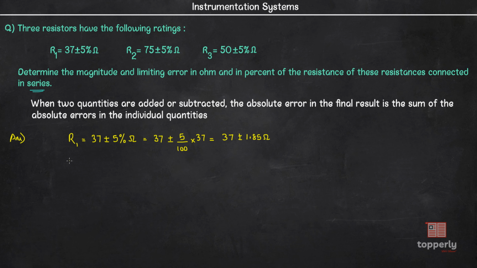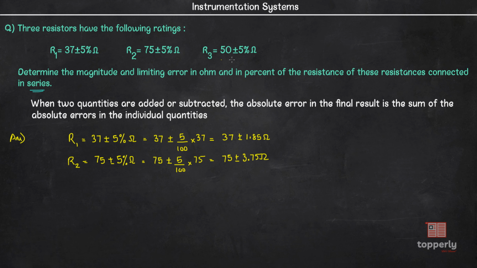Similarly, R2 is equal to 75 plus or minus 5% ohm, which is equal to 75 plus or minus 5 by 100 into 75, which is equal to 75 plus or minus 3.75 ohm.